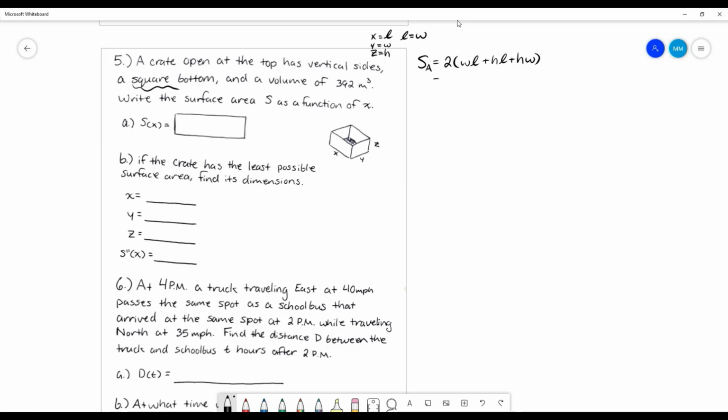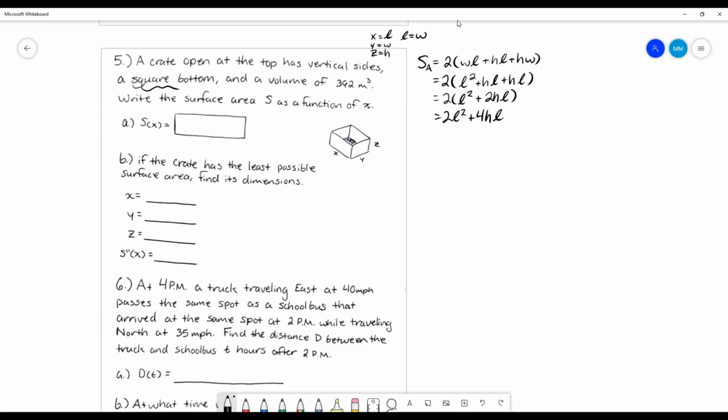So I'm going to go ahead and plug that back into here. So length and width are the same, so it's just length squared plus the height times the length plus the height times the length again, because those are equal, which makes that 2 times the length squared plus this here. This is the surface area, except again, it is an open topped box. We have to take off the area of that top that is not there.